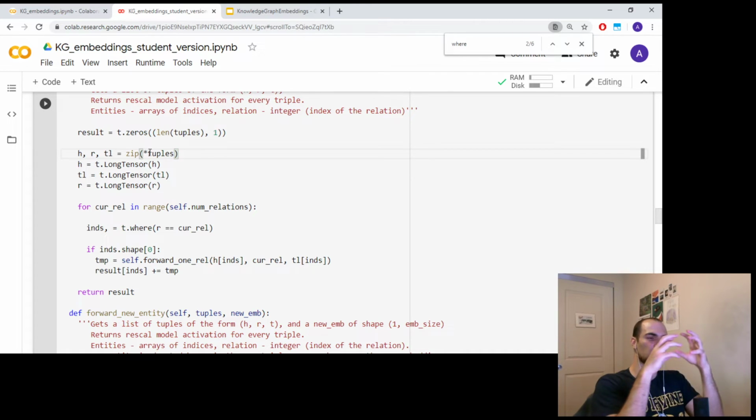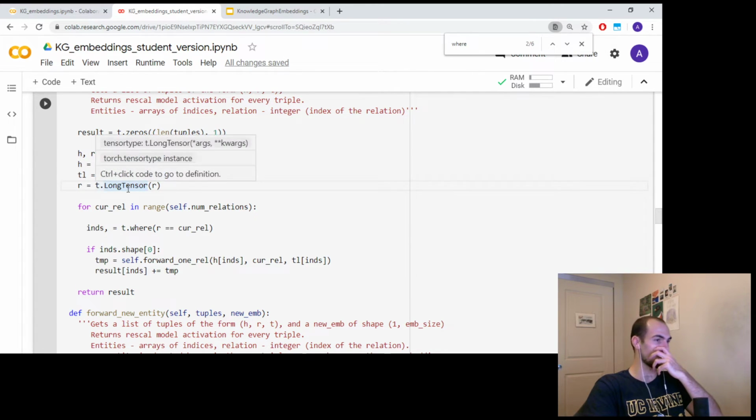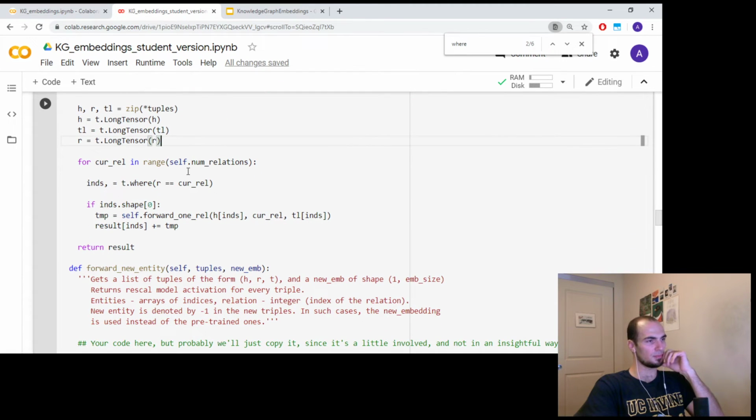Zip is a function that takes a list of triples and turns it into 3 lists of individual elements: a list of first elements, a list of second elements, a list of third elements. Then I'm converting these to long tensors because those are really indices, and PyTorch needs to work with its own kinds of tensors, otherwise it may complain in some cases. And then again, we are iterating through all possible relations, so it is torch where, not numpy where. That works too.